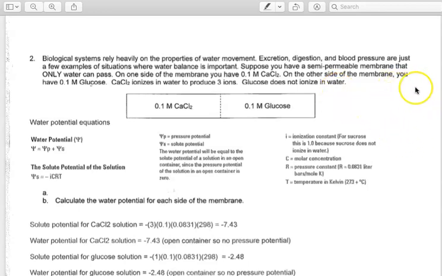And the calcium chloride solution is going to attract the water from the glucose solution, so there's going to be that water movement. So hopefully that makes sense. You could have simply known how water moved without doing any of the math based on the amount of solutes. 1 versus 3 times as many.